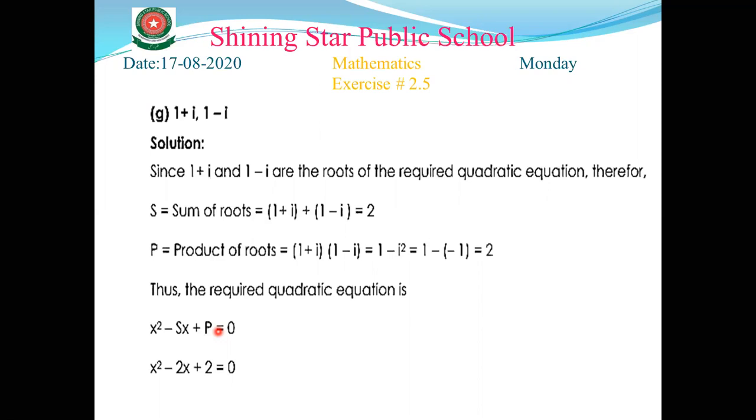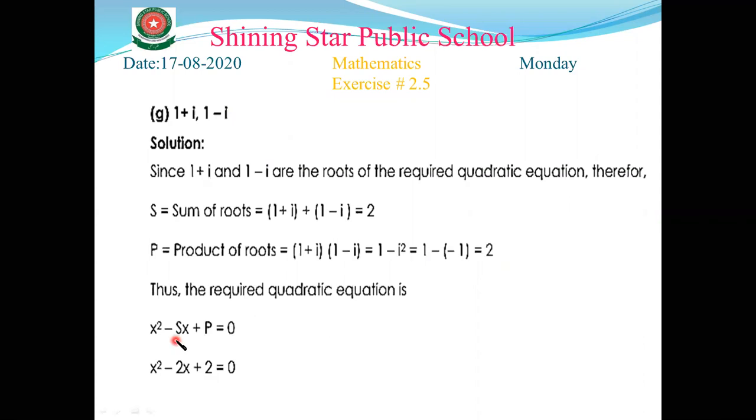We know that a plus b multiply a minus b is equal to a square minus b square. Now, iota square is minus 1. So, minus minus plus 1. So, 1 plus 1, 2. Put the values of s and p.